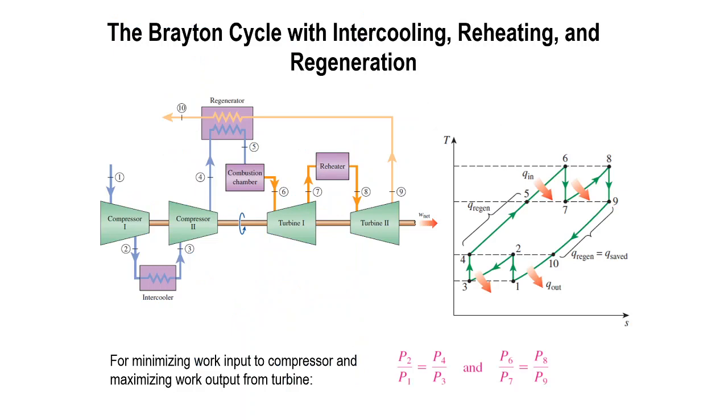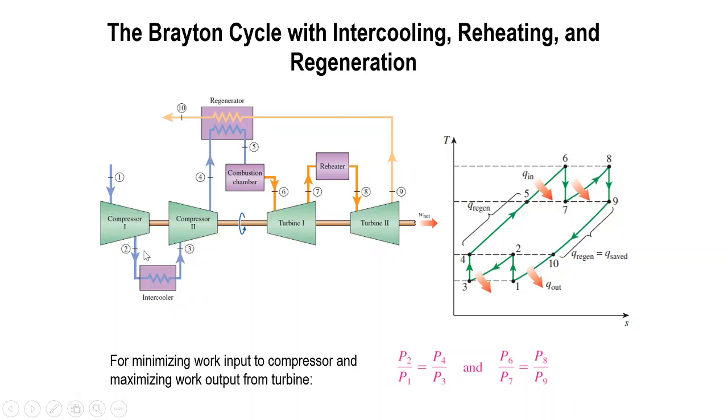Okay, so here is a combination of intercooling, reheating, and also regeneration. So we have multiple processes. We have compressor 1 and compressor 2, with an intercooler between them.